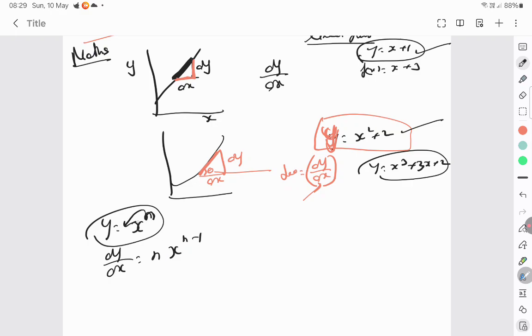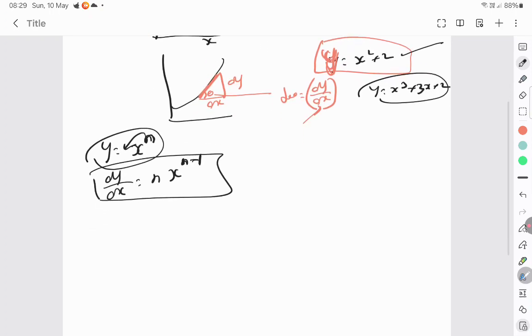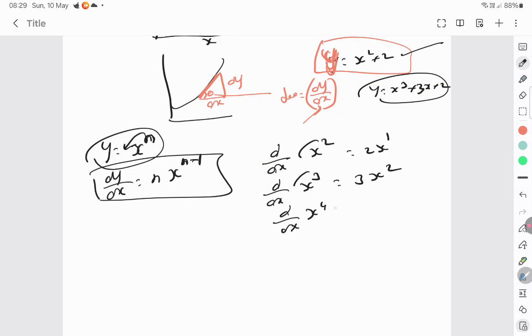The n comes forward and the power has to be reduced by 1, and that's the differentiation of x to the power n, which is n into x to the power n minus 1. Therefore, the differentiation of x square is 2x to the power 1, or 2x. The differentiation of x cube will be 3 into x to the power 2. The differentiation of x to the power 4 will be 4 into x to the power 3. Bring this forward, reduce the power by 1.